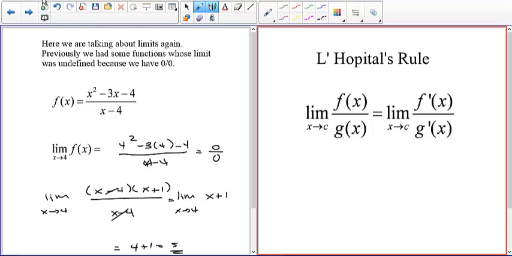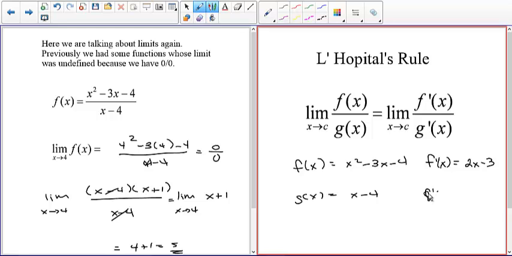So in our simple case, where we already know the answer is 5, f of x is x squared minus 3x minus 4, and g of x is x minus 4. If we take the derivatives of those, we get f prime of x equals 2x minus 3, and g prime of x equals 1. We don't put the dx on because this is actually the derivative.